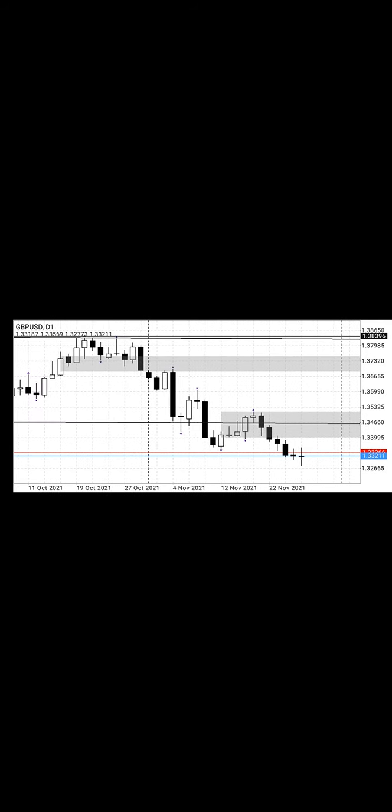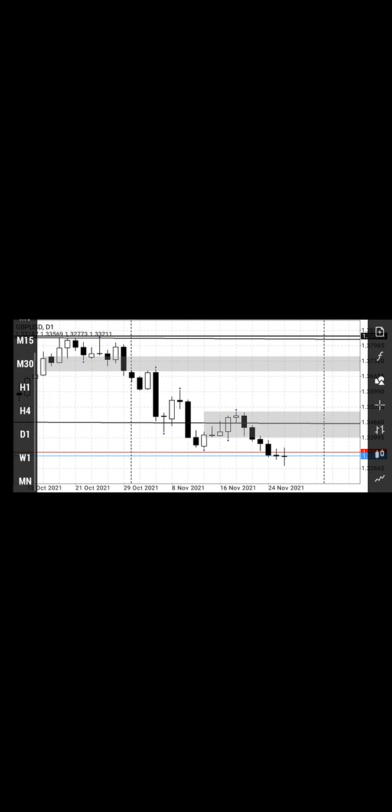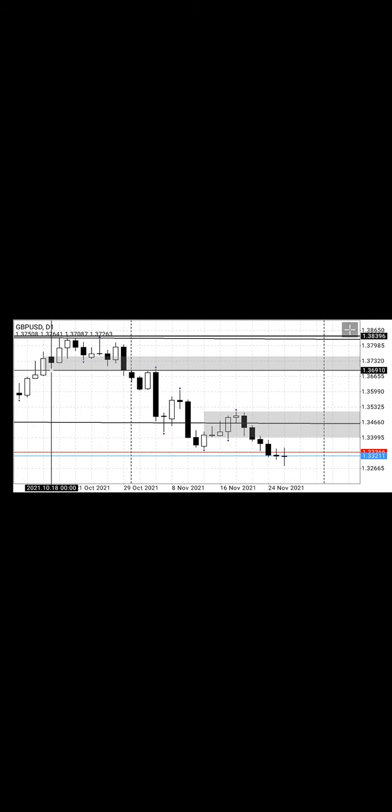And then back to the daily. Okay, and this is a rejection block. You're seeing price coming down. So price came, it didn't mitigate. It tried to, but it didn't mitigate here.